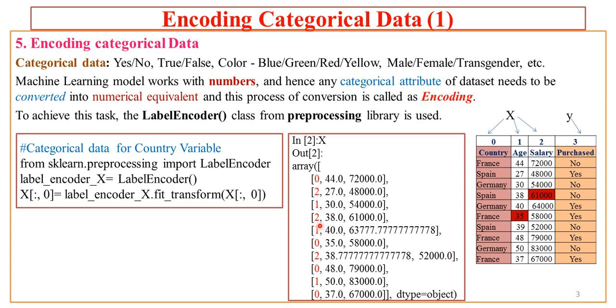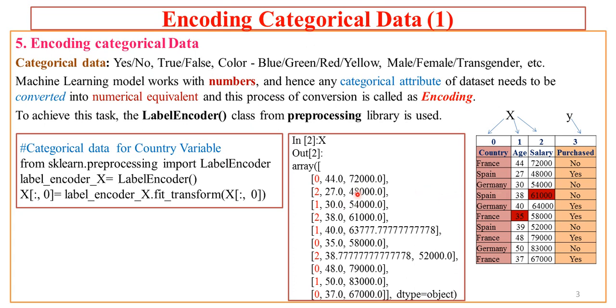As you see here, every Spain occurrence has been assigned value 2. Every Germany occurrence, that is the string Germany, has been assigned value 1, and France is given value 0. So if we have 3 countries, then 0, 1, 2 are the 3 numeric values, a fixed value assigned to each country.